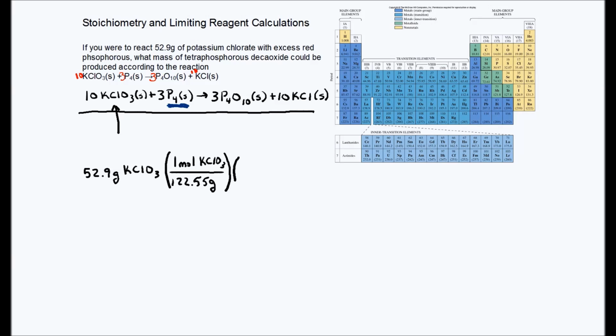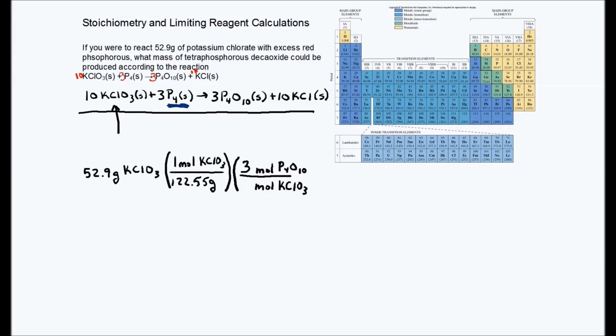Now, using my balanced reaction, I can convert from moles of KClO3 into moles of what I'm interested in, which is my tetraphosphorus decaoxide, moles of P4O10. Using the coefficients from the balanced reaction, the number in front of the P4O10 in the balanced reaction is a 3.